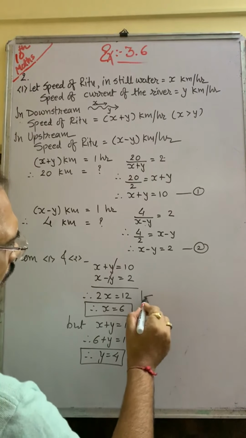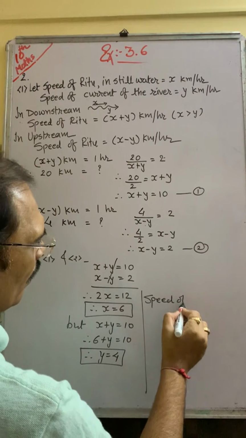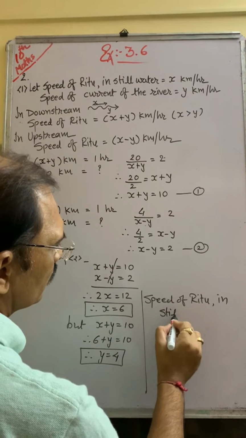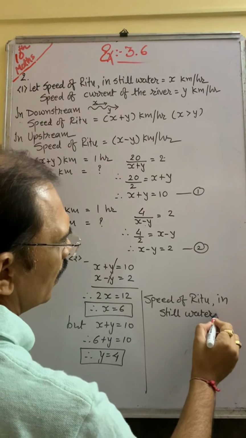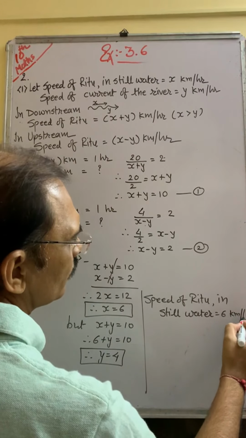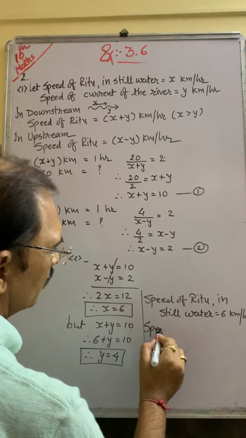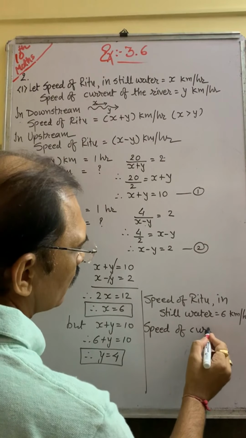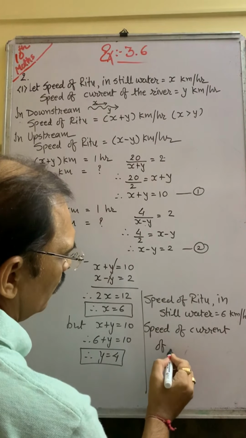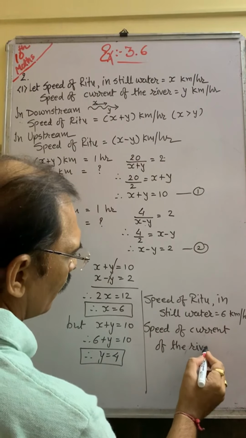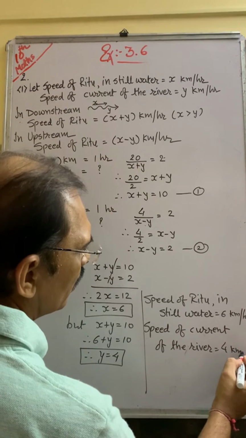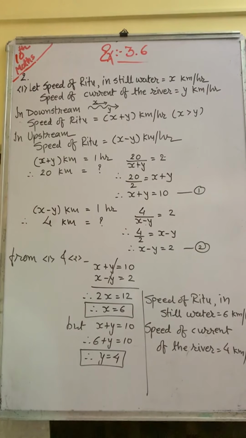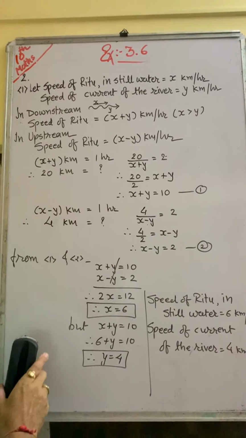The answer is: the speed of Ritu in still water is 6 km per hour, and the speed of the current of the river is 4 km per hour. Is it okay?